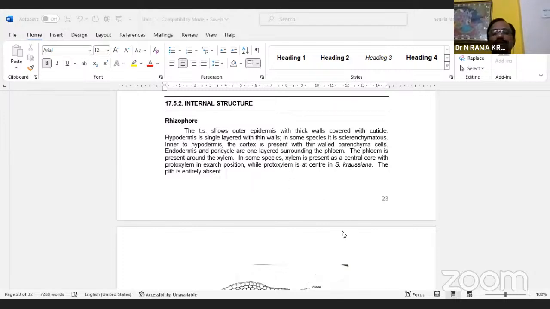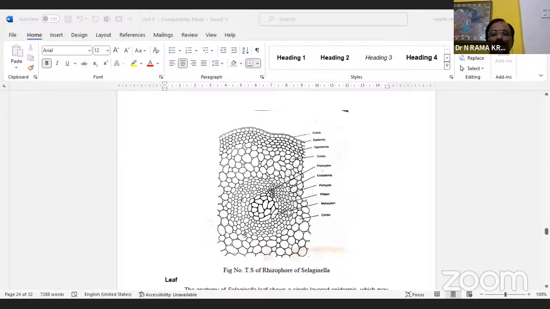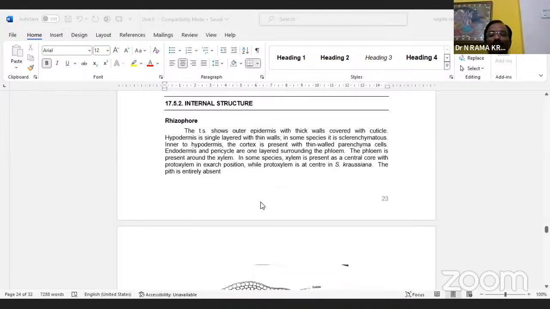The last one is the stele. Here the stele has two types of cells: one is xylem, and the second is phloem. Here the phloem is present around the xylem.